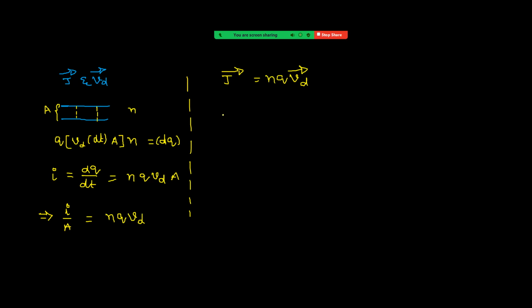Now see, just now we have discussed the relation for drift velocity, right? Drift velocity is acceleration, that is force by mass, into relaxation time, right? See from this what we get?